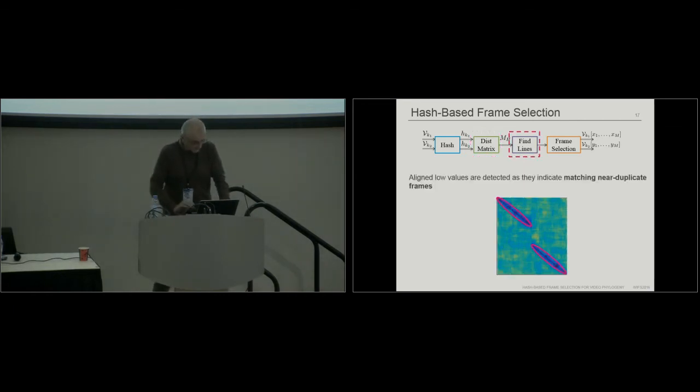And when this structure is known, it is easily possible to identify segments that represent sets of frames that correspond in the two videos. And here two of these segments are indicated.